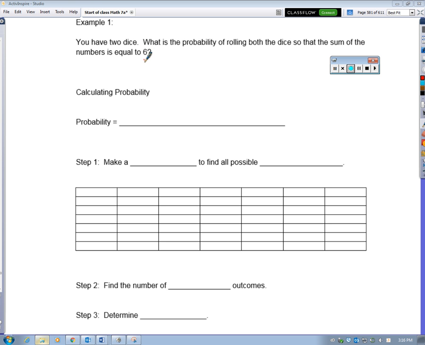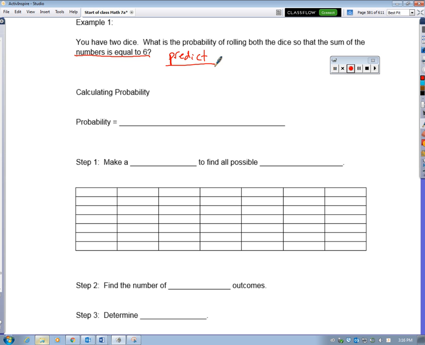So if you roll these dice, we want to know what's the chances of these numbers being equal to 6. In chapter 12 we would have actually rolled the dice and figured that out. Chapter 13, we're not going to roll the dice. We're going to predict what this would be. This is what we're going to try and find out. We're going to predict what the chances would be.